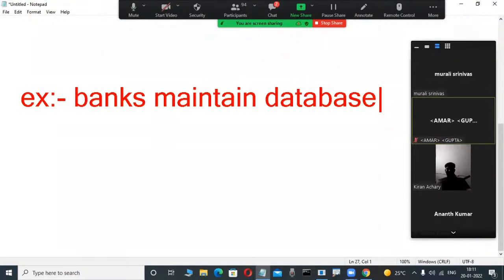Your details, your name, address, phone number, your balance, your account number, are important to store permanently. Some customers withdraw some amount, and those details they also want. Some people transfer money from one account to another, either online or offline. All those transaction details they want to store permanently, and only then can we operate everything. That's why banks maintain databases.